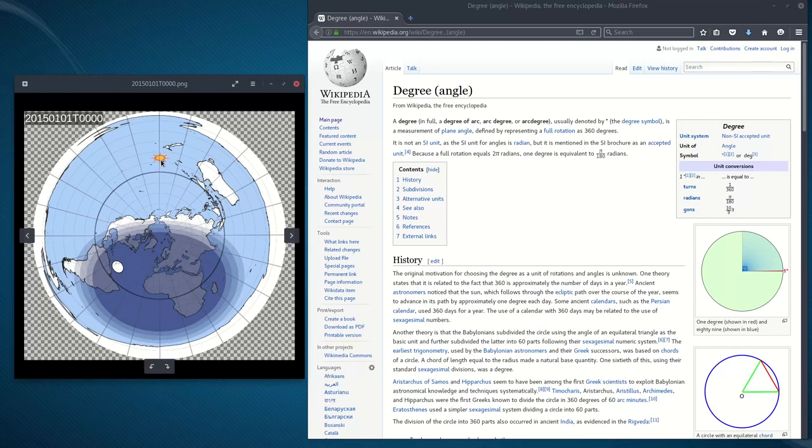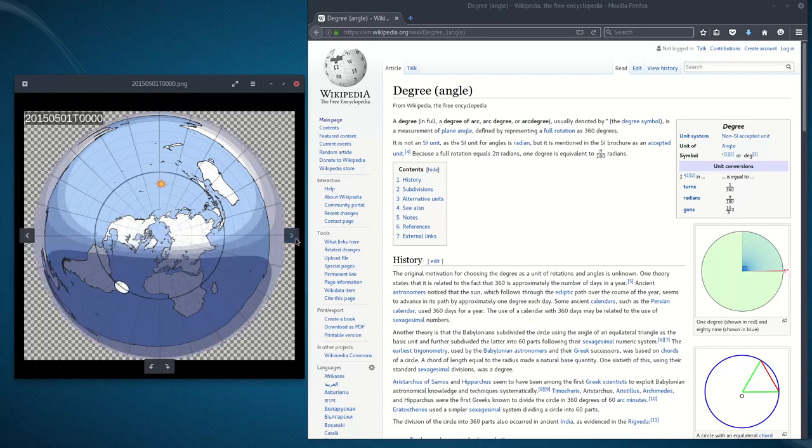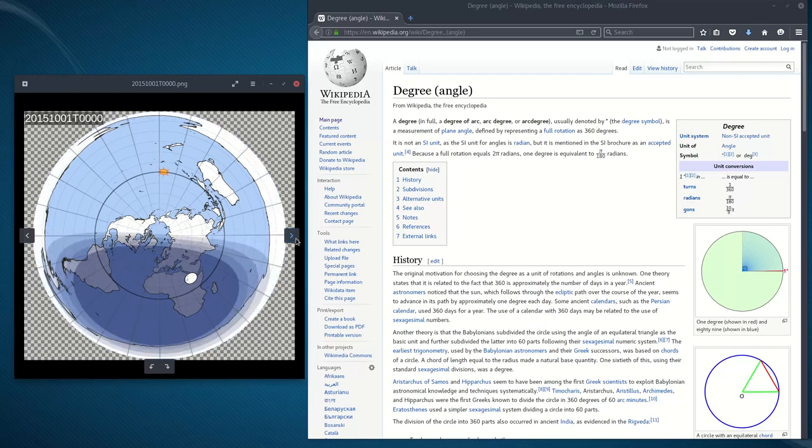So watch as every month, if I go back, now the sun is actually starting to move. Watch as it goes. This is April, May, June, July, August, September, October, November, December. And then it goes right back to.